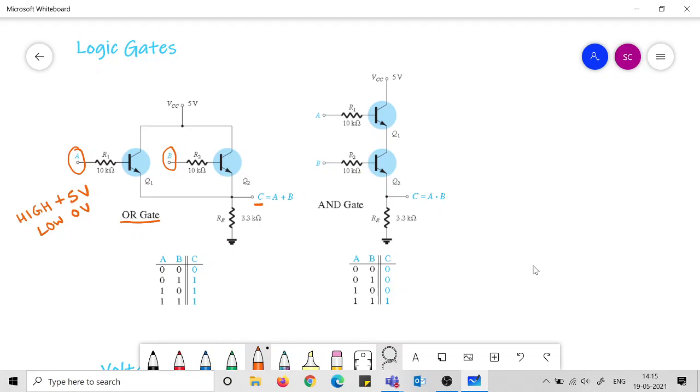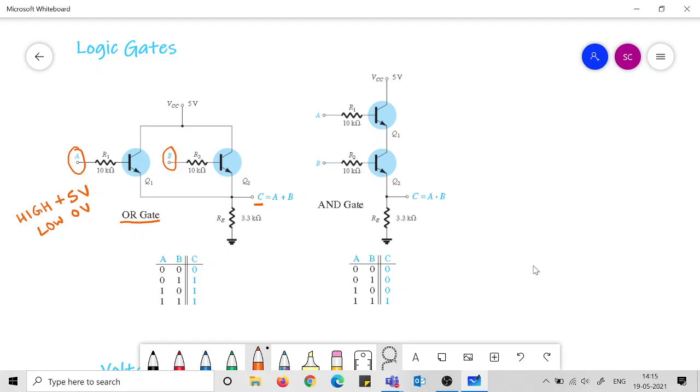So the current will flow through this transistor when there is some pulse in the base at point A. Similarly, when there is a high pulse at point B, then this transistor will also conduct the current, so it will act as a closed switch.